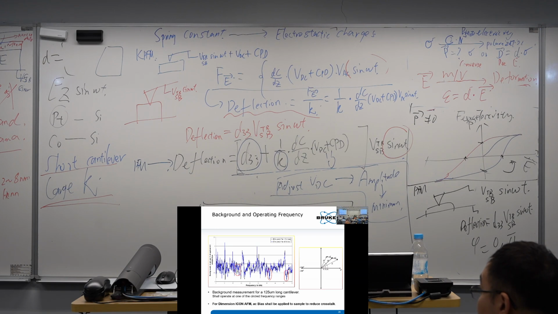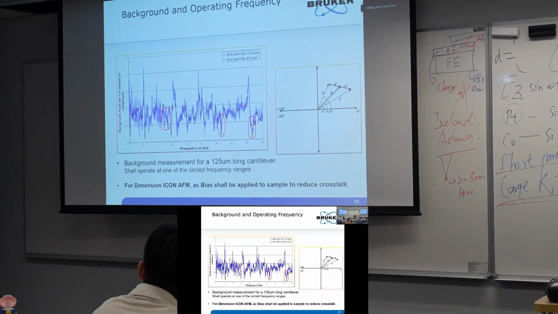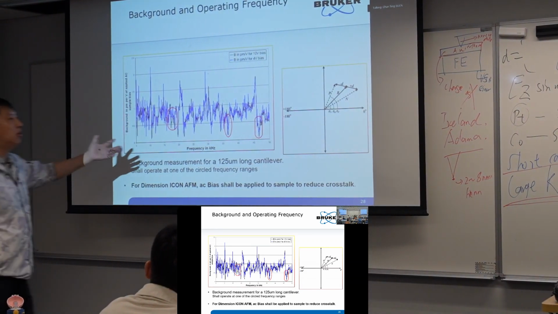And I know some of you are from the Chinese University or the Polytech. You may be using the Dimension Icon with the Nanoscope 6 controllers. In Nanoscope 6 controllers, the frequency response is different from this one. In Nanoscope 6 systems, frequencies below 20 are both okay. So it just depends on your instruments.